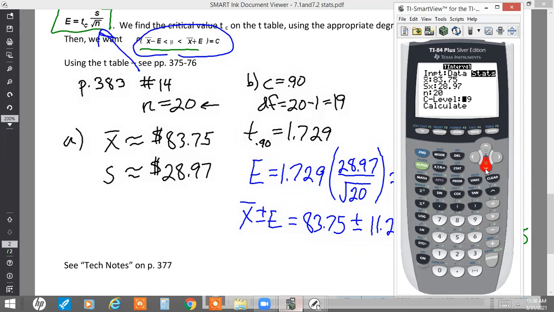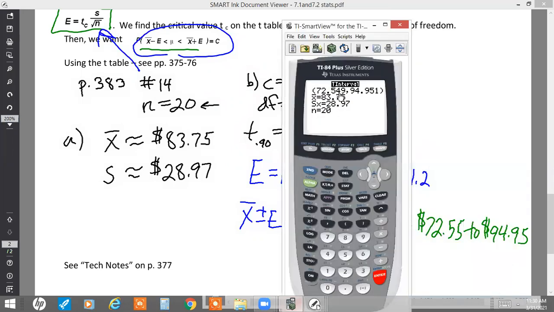Confidence level is 0.9, which is already typed in there, or 0.90, however you want to say it. We'll calculate. And here we go. 72.55, you round it to the nearest cent, right? The hundredths place. So it matches up with our 72.55 up to 94.95. Any questions on that?